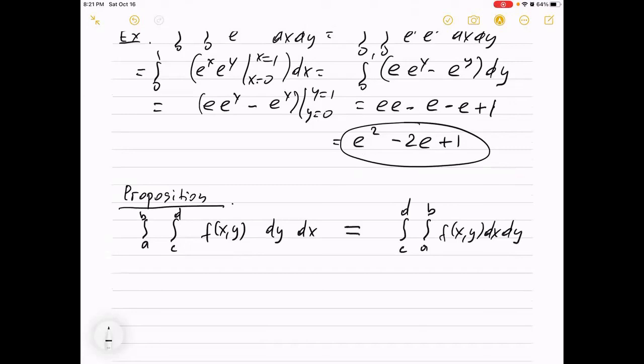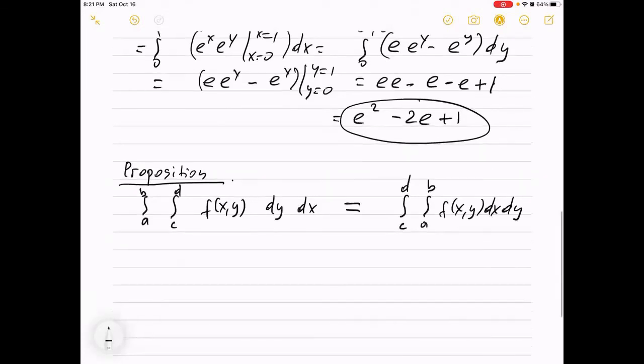These integrals are equal as long as the given function f of x, y is continuous on the rectangle [a, b] cross [c, d].